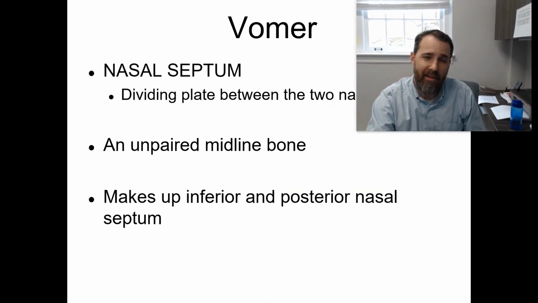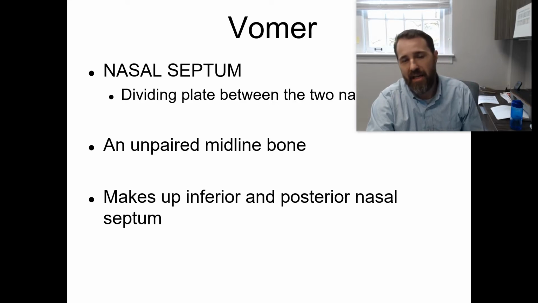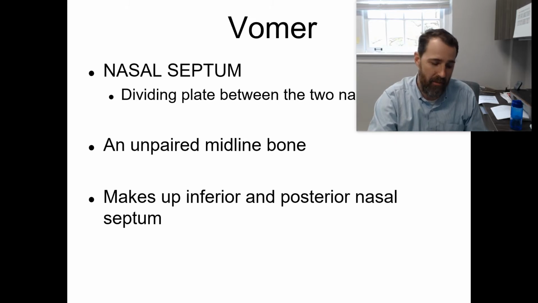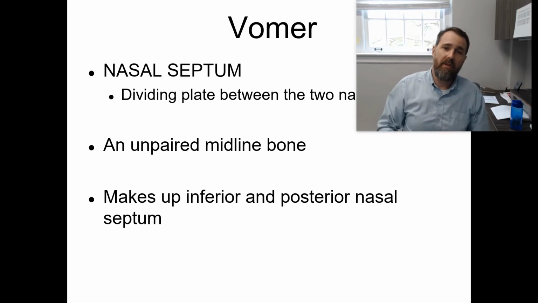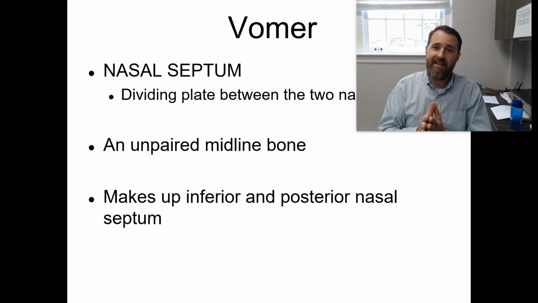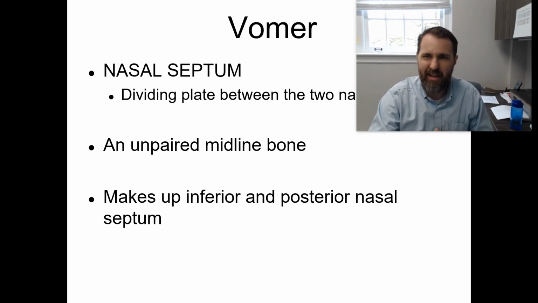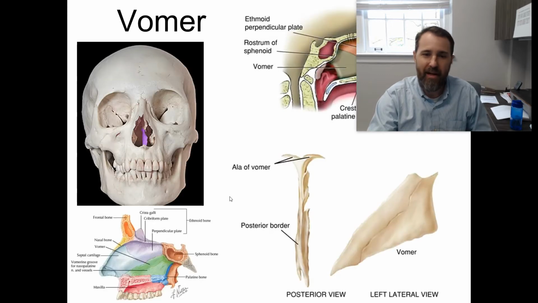But before we do that, let's talk about the nasal septum. By now, I'm sure you've noticed you have a right and a left nostril. And between those two nostrils is the nasal septum. That is the dividing plate between your right and left nasal cavities.